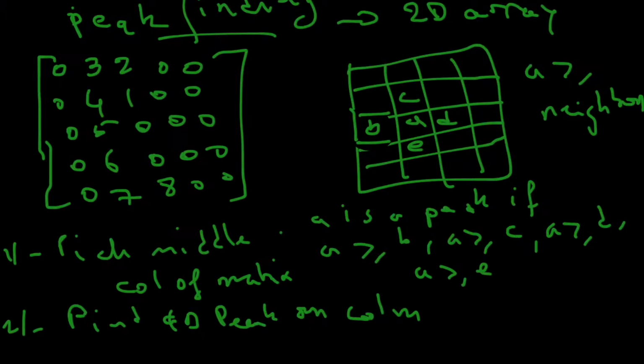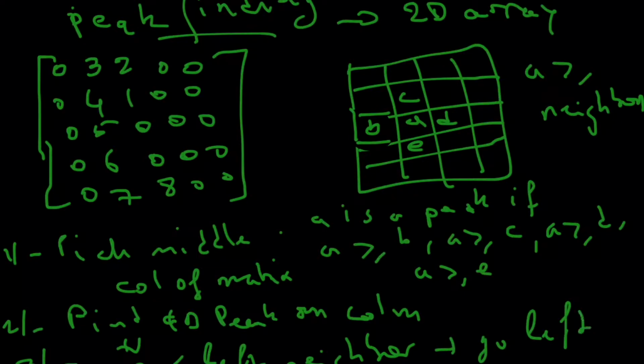And the third step would be to do the same recursion that we did for the 1D peak finding. So the peak that we found here, let's call it P, if it's less than its left neighbor, then we go left and recurse left, and if it's less than its right neighbor, then we just go right.